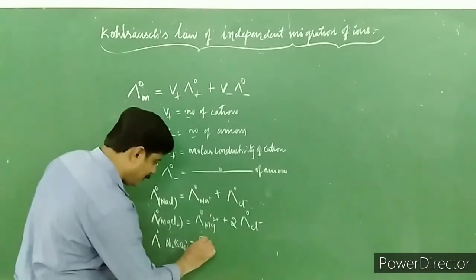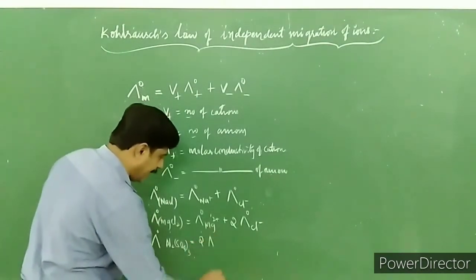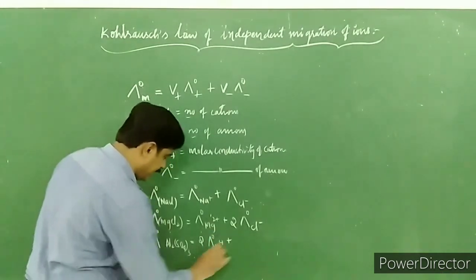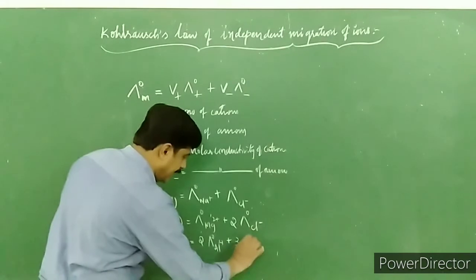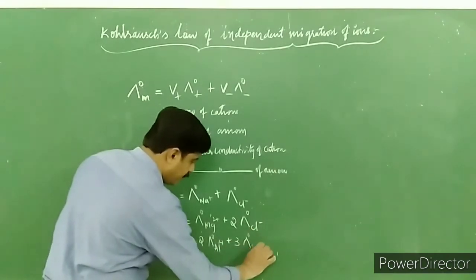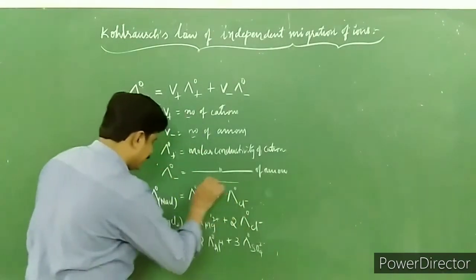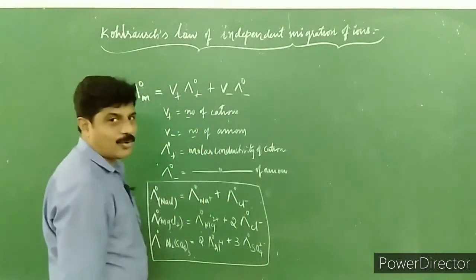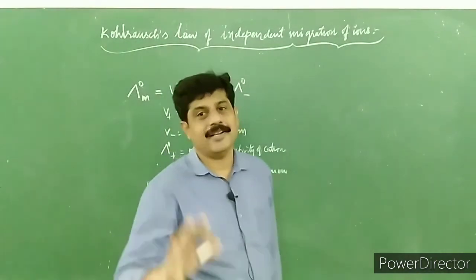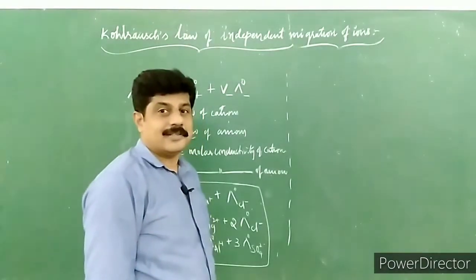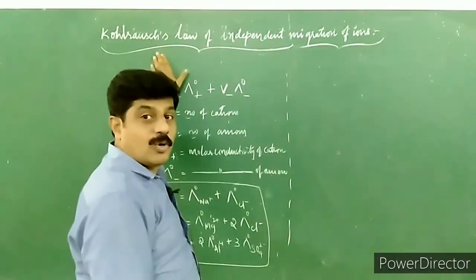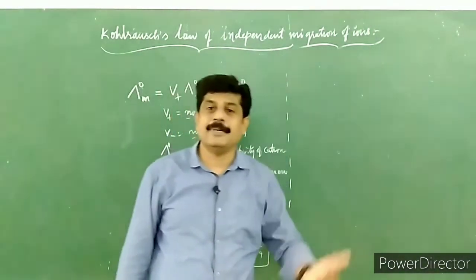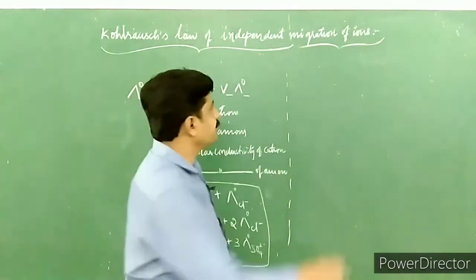Let me write 2 lambda naught Al3 plus plus 3 lambda naught SO4 2 minus. So this is how you are going to express Kohlrausch law for any kind of electrolyte. Children, after understanding Kohlrausch law of independent migration of ions, let me take up the applications of Kohlrausch law.